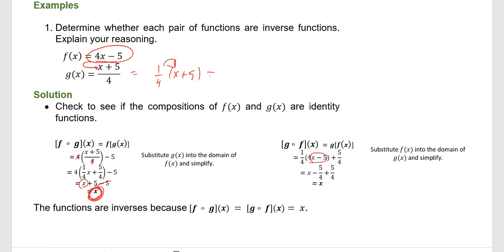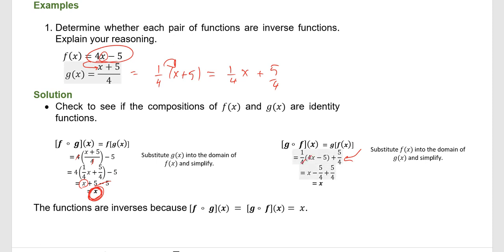So this is essentially the same as saying 1/4 x plus 5/4, which is exactly what we have here. So plugging in g for this x, we have 1/4 times 4x minus 5 plus 5 over 4.